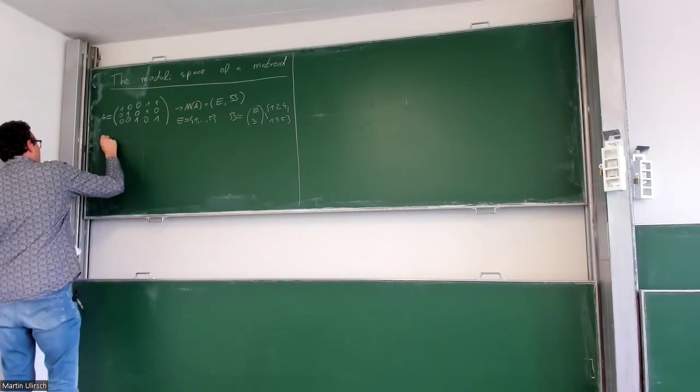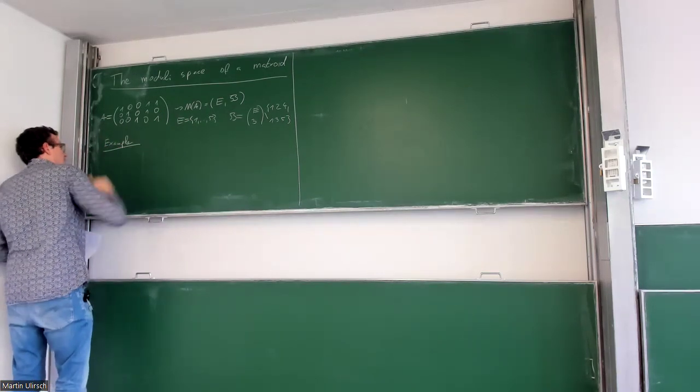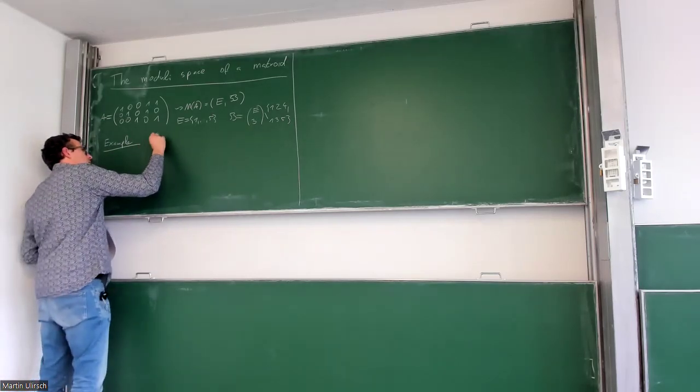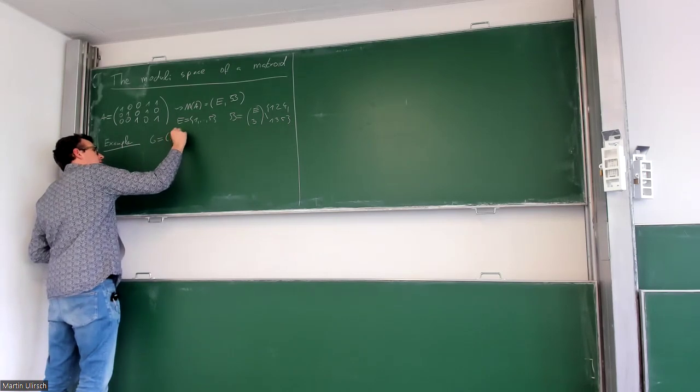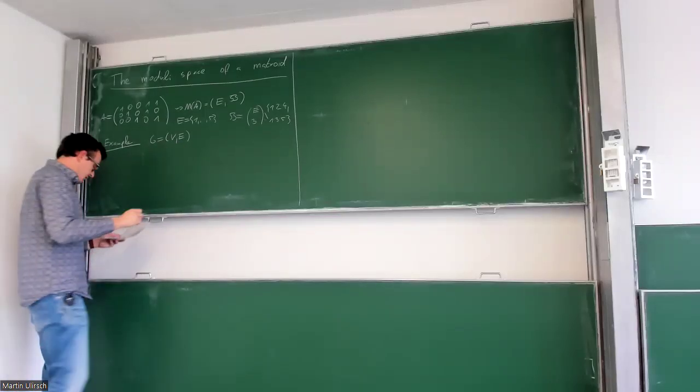A second motivation comes from graph theory. So probably most of you know it, but let's just write it out because we're going to see it again later. So we have a pair, a graph, a set of vertices and a set of edges, an undirected graph.